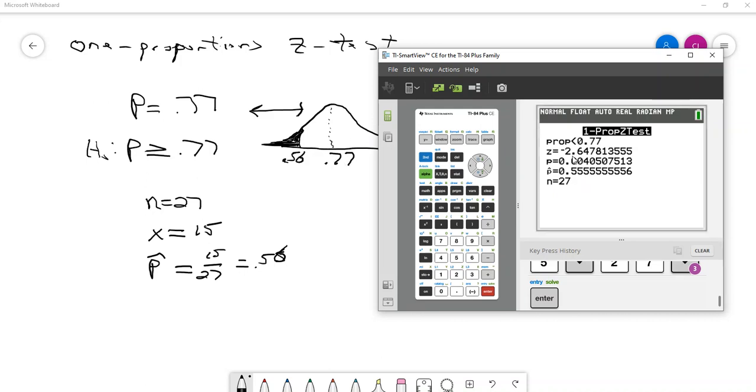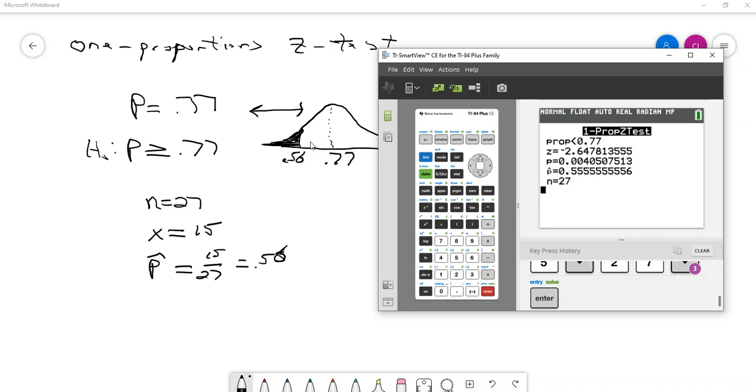Right? And 2.65, right? So we're 2.65 standard errors from here to here. But in terms of statistics, remember, more than 2 standard errors is a lot. So we got this 2.64 standard. That's kind of getting out there.